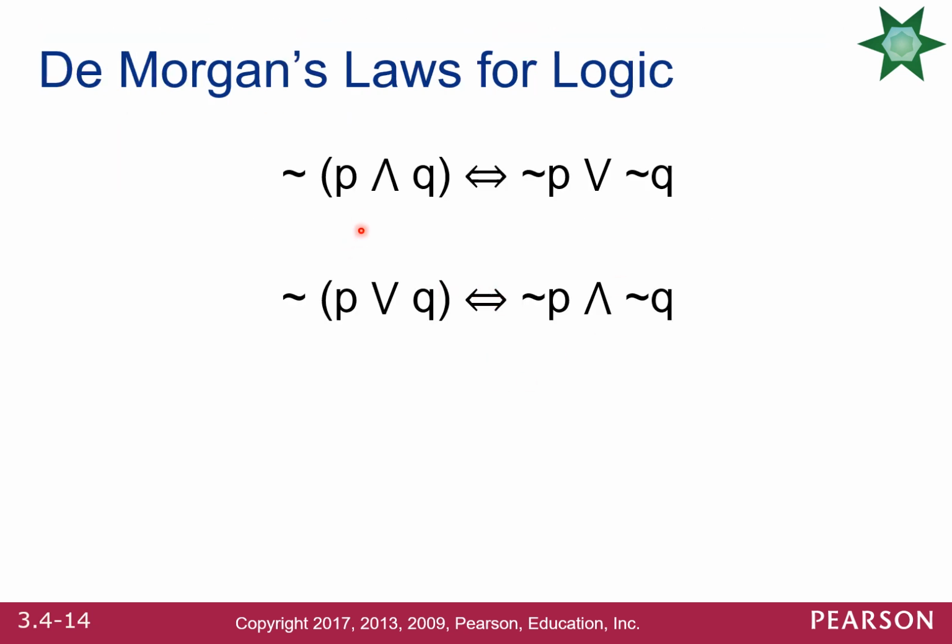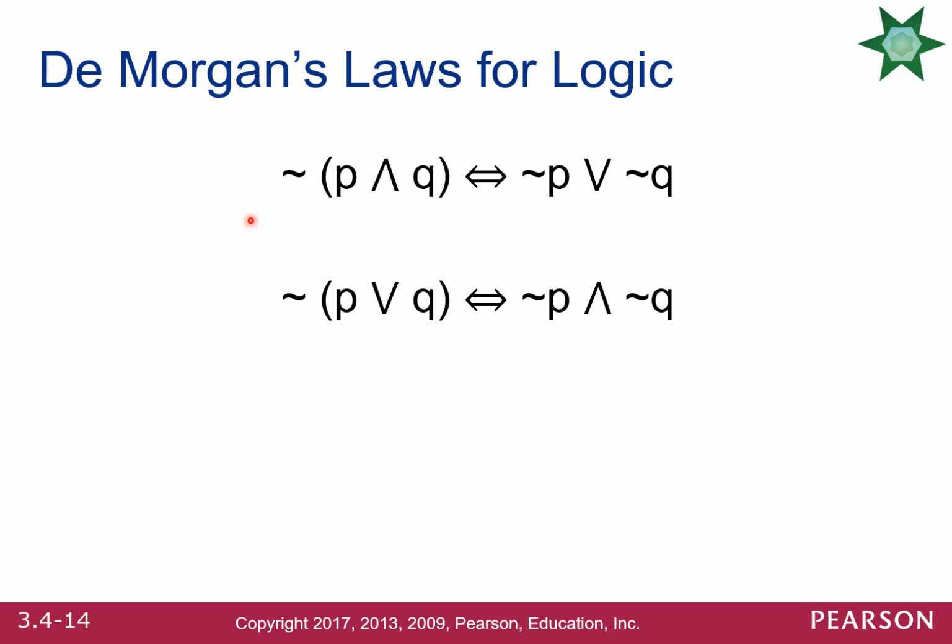Now we'll talk about De Morgan's laws for logic. We had already visited De Morgan's laws when we were studying set theory. Now we'll come back to it and see how those laws apply to logic and truth tables. So these are the two De Morgan's laws.